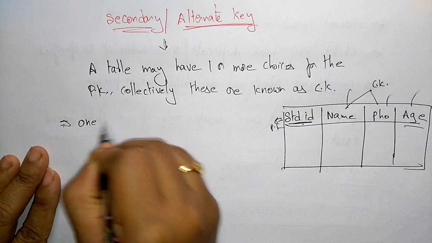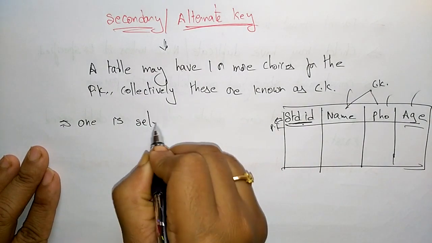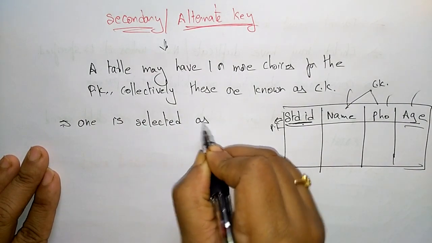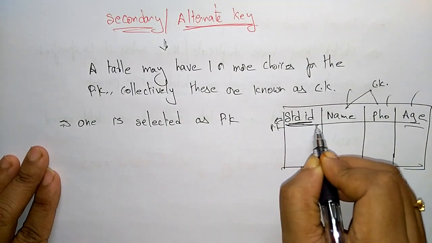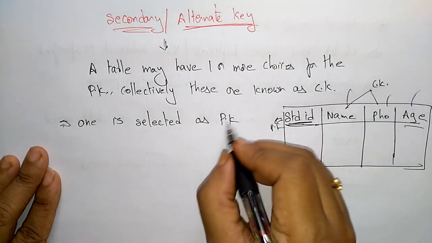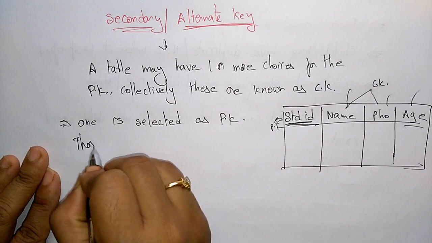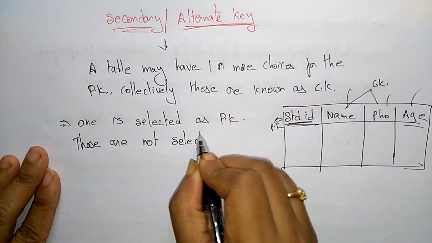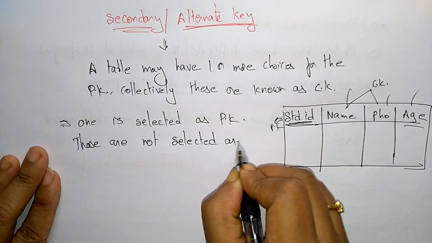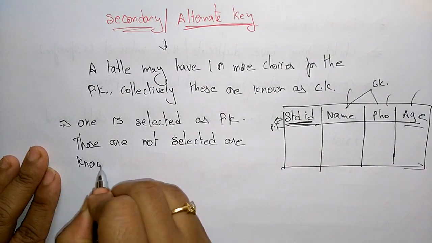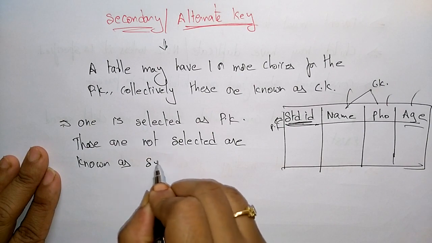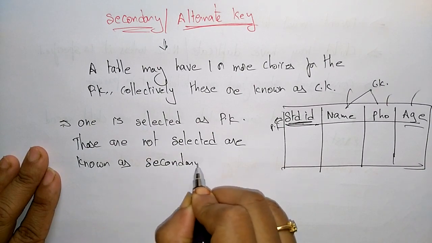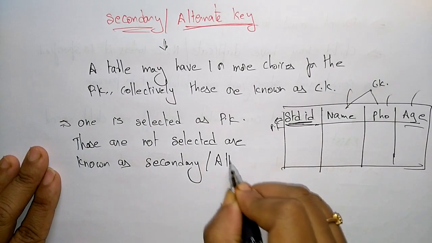One is selected as primary. So here the student ID I selected as a primary key. So those are not selected, or known as secondary or alternate key.